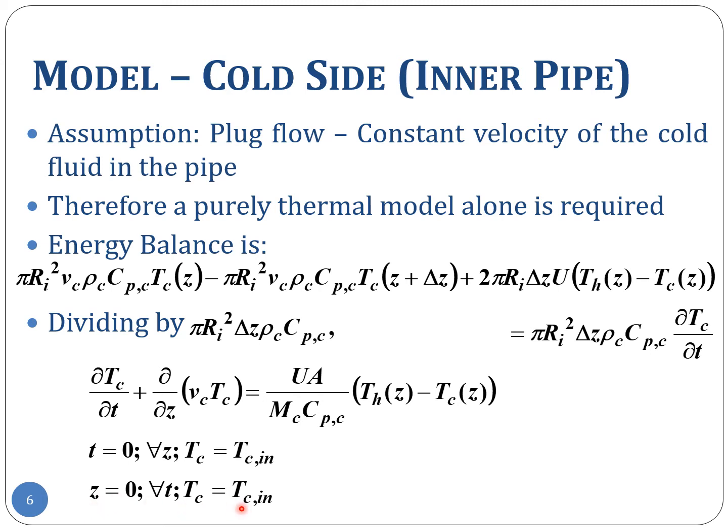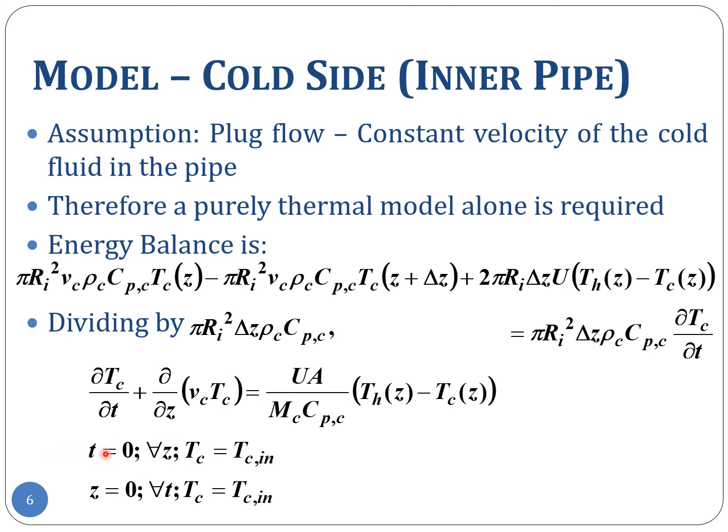Basically, if one were to go along the axis from left to right, the left end being z equal to 0 and the right end being z equal to L, what this second condition tells you is that at z equal to 0 at the left entrance, the inlet temperature is always Tc in. Now the other one, t equal to 0 for all z, gives the initial startup condition, so to speak. This says how you are starting up your double pipe heat exchanger.